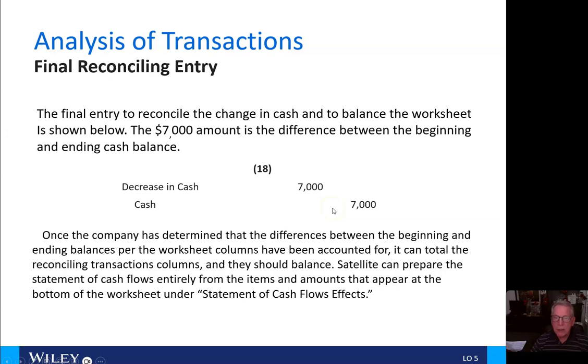So once the company has determined that the differences between the beginning and ending balances per the worksheet columns have been accounted for, it can total the reconciling transaction columns, and they should balance. Satellite can prepare the statement of cash flows entirely from the items and amounts that appear at the bottom of the worksheet under Statement of Cash Flow Effects.